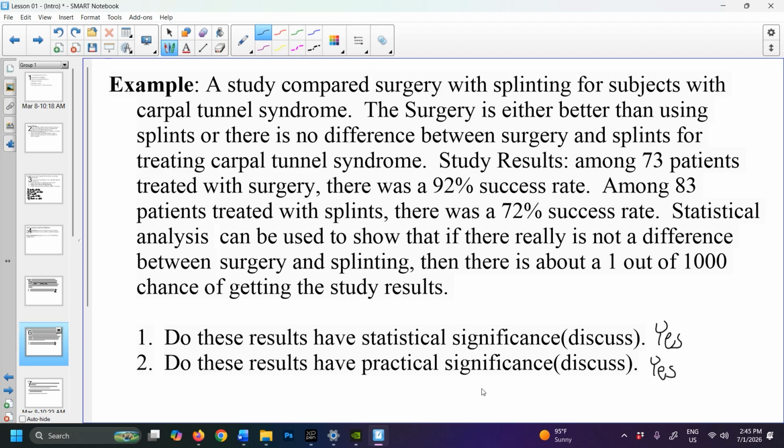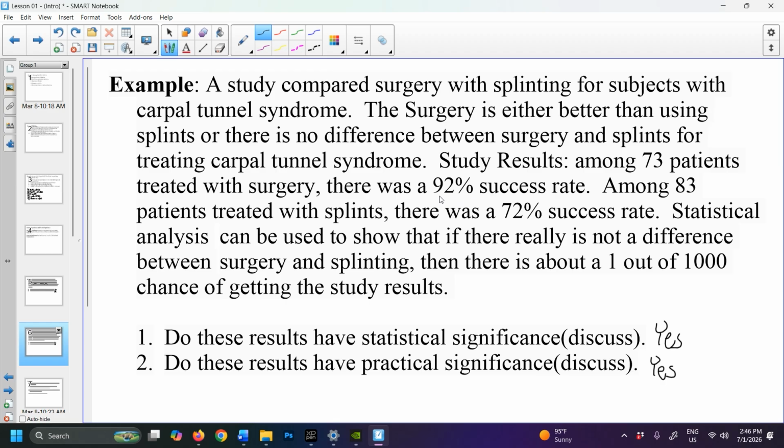But which method you choose is definitely going to depend. Clearly, surgery has a higher success rate. This success rate of 92 is much higher than 72. But you have to decide as a person what means more to you. Does it mean more to only do one thing and get the success right away?